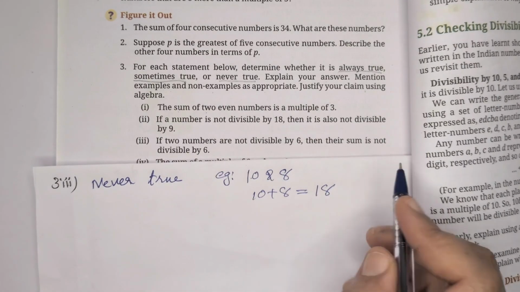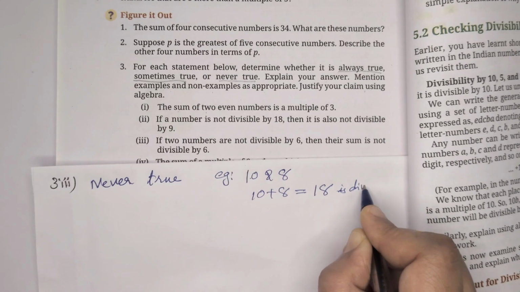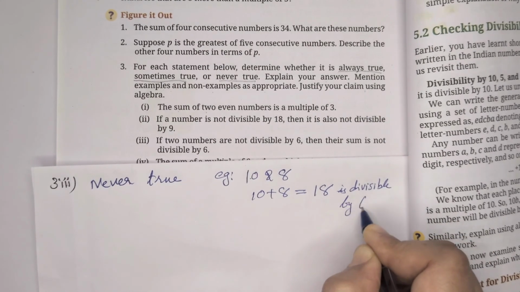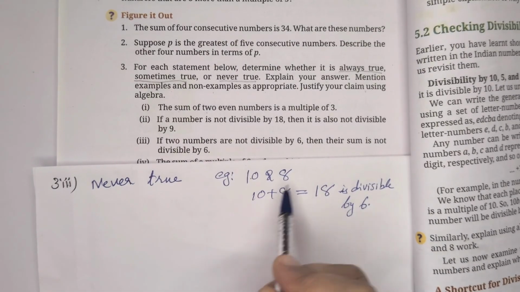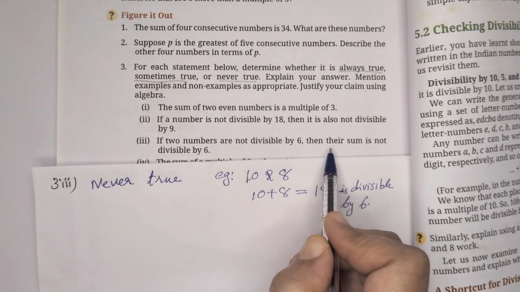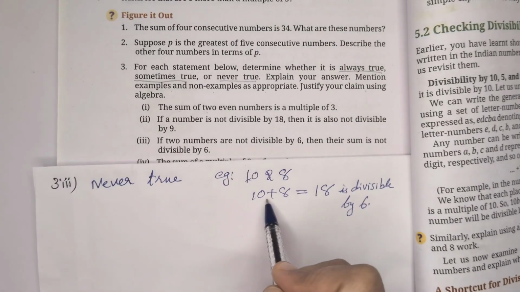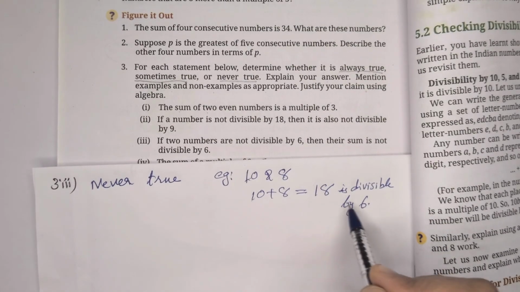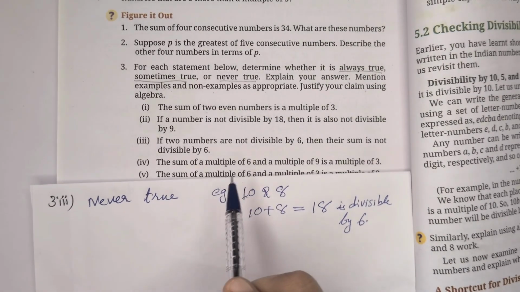That is divisible by 6. So this statement is not true. Here they are saying if the numbers are not divisible by 6, then their sum is also not divisible by 6. But we know that when we are adding, we will sometimes get a sum that is divisible by 6. So this statement is not true.